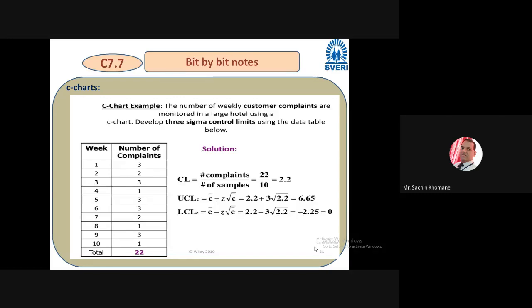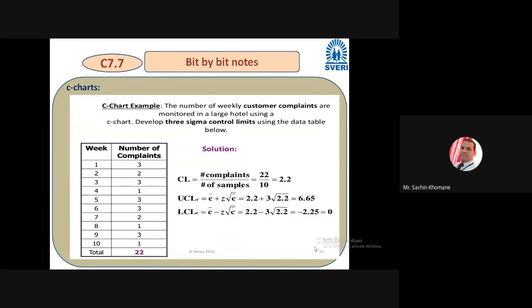Okay, so have you drawn it? Take 1 minute and draw the C chart. We'll proceed to another bit. Done.